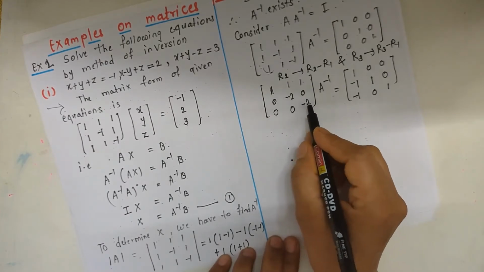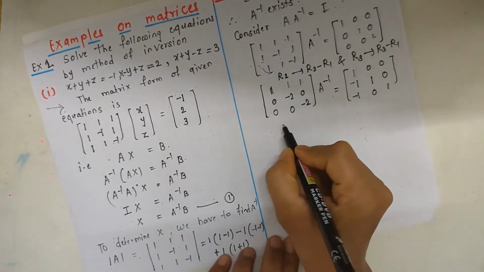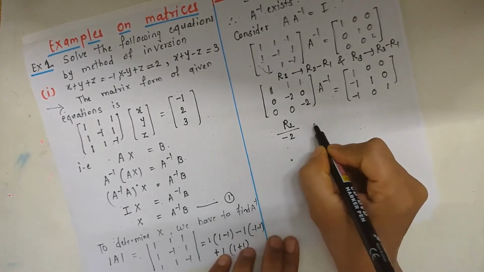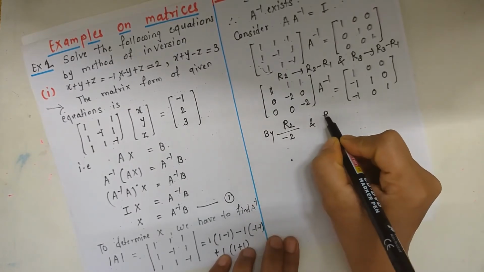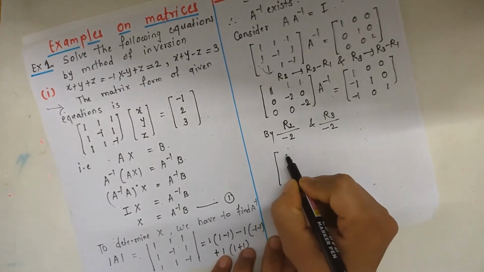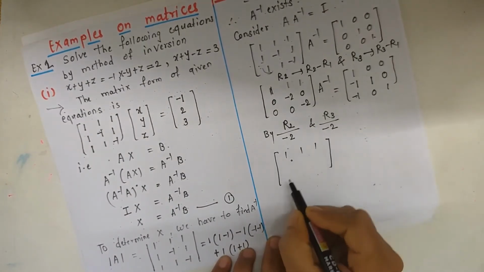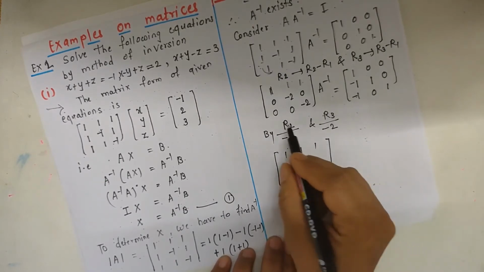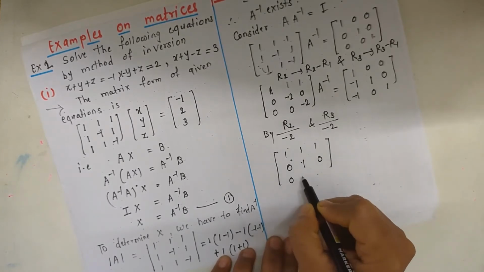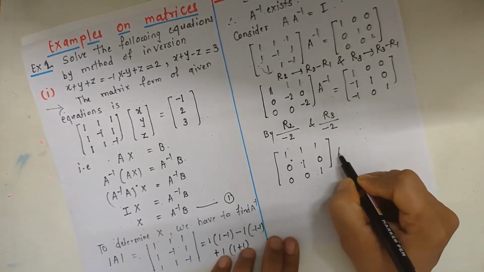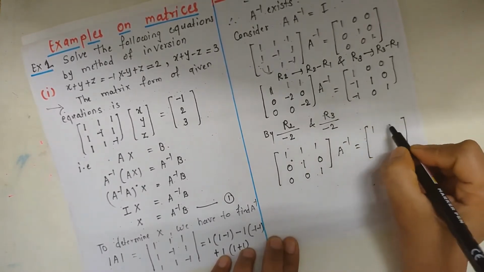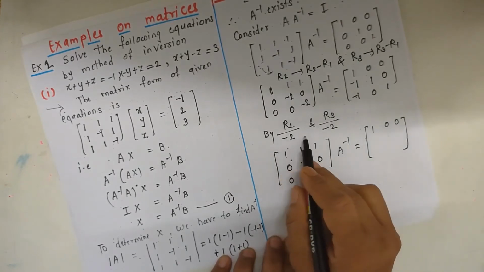Now for reducing this minus 2 and this minus 2 to 1, we have to divide R2, the second row, by minus 2, and also the third row by minus 2. Applying this transformation on the second row and third row, we get, by dividing minus 2 by minus 2, 1, 0 0, 0 0 1 into A inverse is equal to, dividing the R2 elements on this side by minus 2.